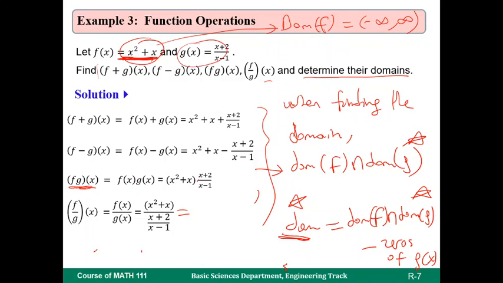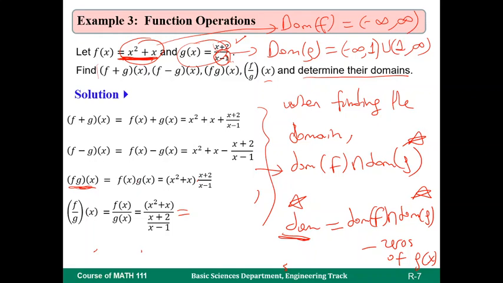Now the domain of g: the numerator accepts all real numbers, but the denominator should not be equal to 1. So we take all real numbers except 1. In interval notation, it is this.